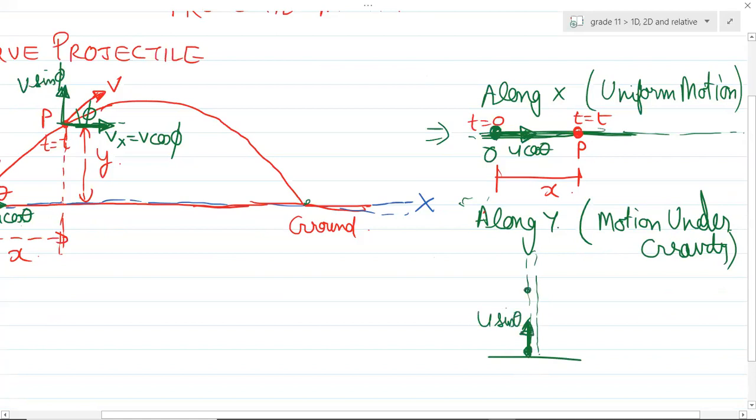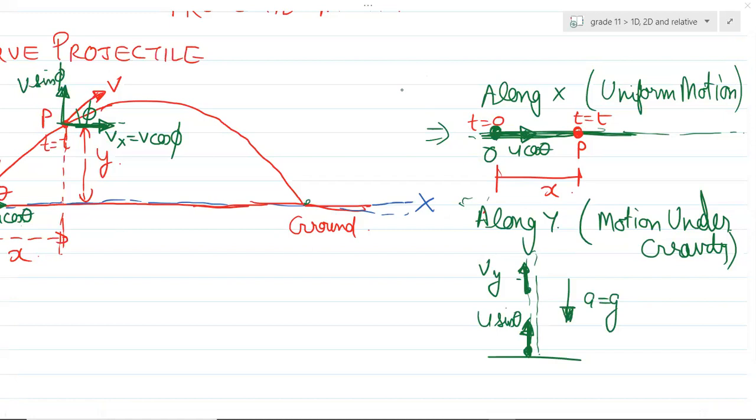When it reaches a point P, its velocity becomes v sin phi, or the vy component, right? The acceleration is g in the downward direction. So let's break the motion into two different parts.